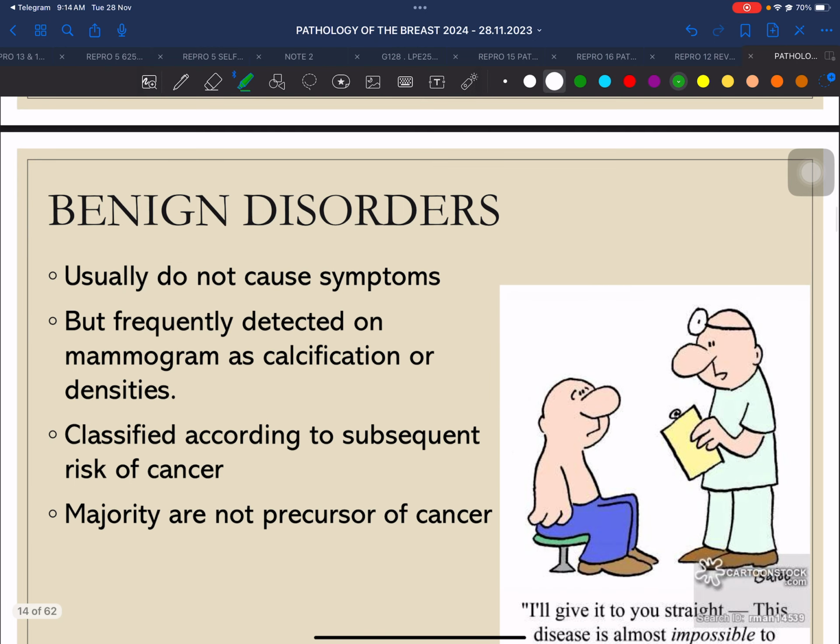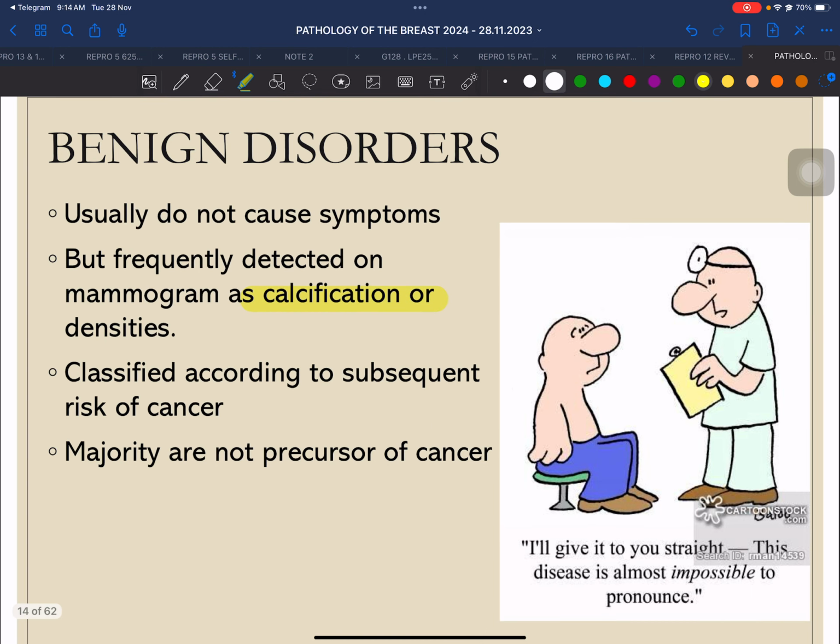Okay. So what are the benign disorders in the breast? Usually they do not cause symptoms, but during screening or routine mammography, you may detect them as calcification or some densities in the breast. So they are classified according to their risk of subsequent breast cancer. Most of them are not a precursor to breast cancer.